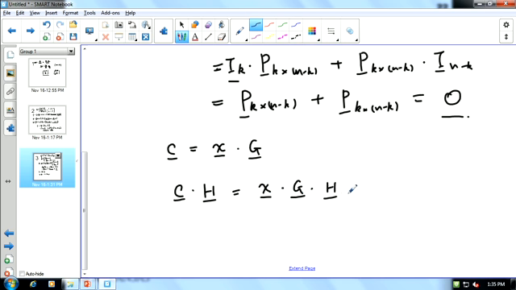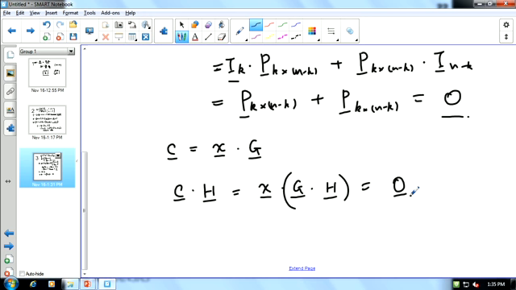C is exactly x times G. And in multiplication, it doesn't matter what the order of the multiplication is. So this will always be 0. Okay? So if it's a valid code word, we multiply it with H, we will always get 0. Okay?